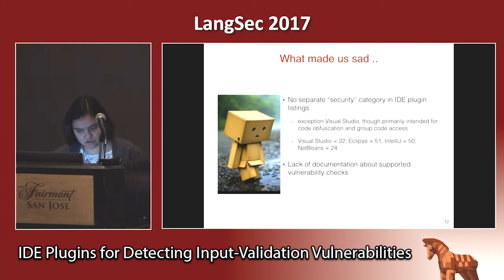The next problem is that there is no way for developers to know how good or bad the detection performance is. None of them provide any benchmark results. We found only one tool that provided benchmark results against the OWASP benchmark, but they discontinued the plugin support just a couple of weeks ago, so we excluded that from our study.